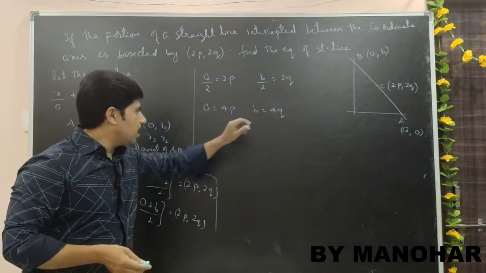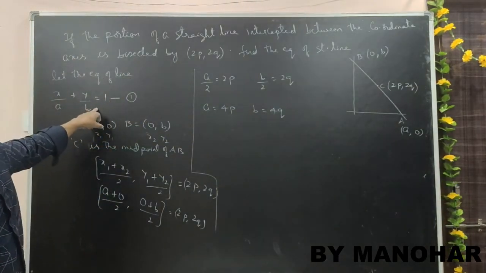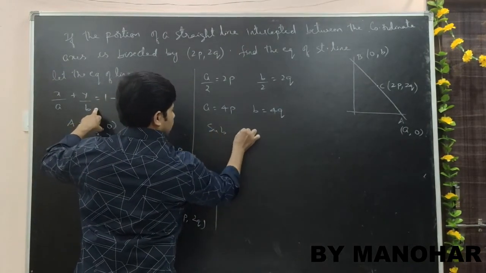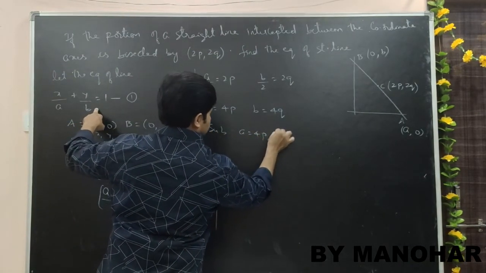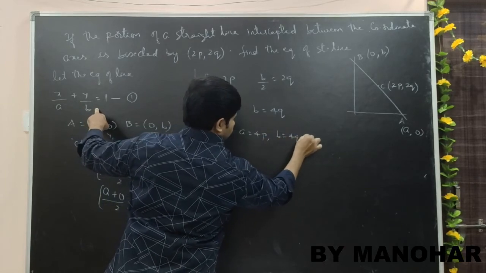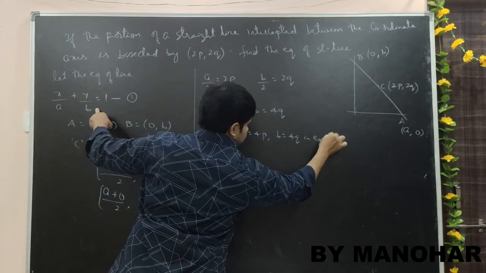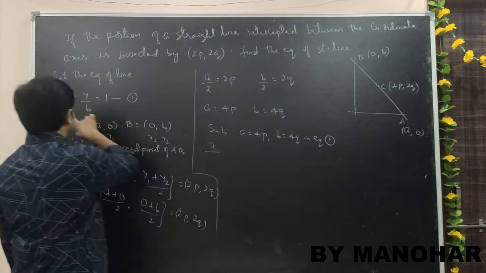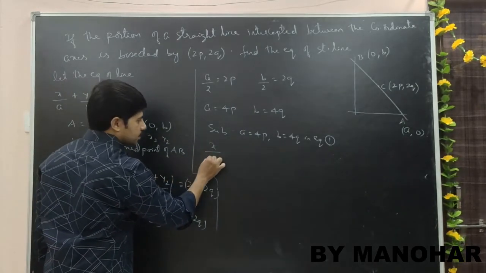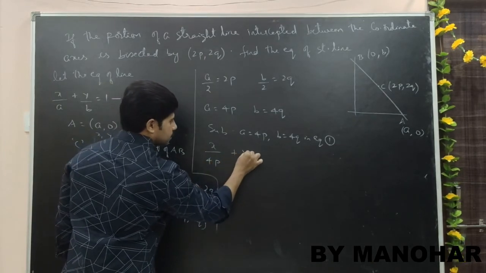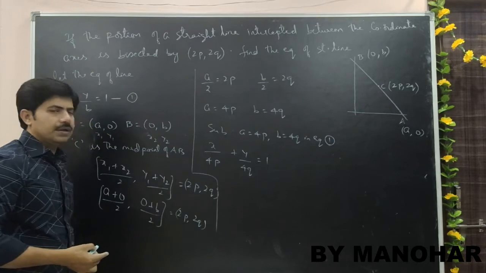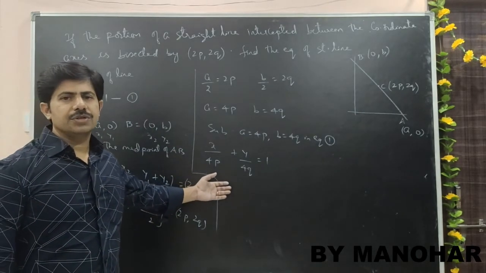After getting them, I'll substitute back in equation 1. Substitute a is equal to 4p, b is equal to 4q in equation 1. That is x by 4p plus y by 4q is equal to 1. This is the required equation of the line.